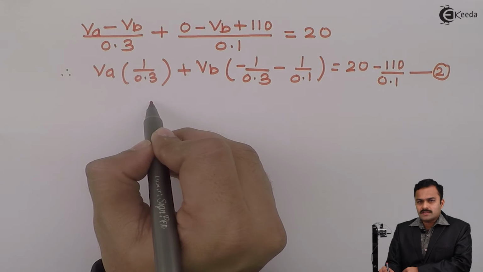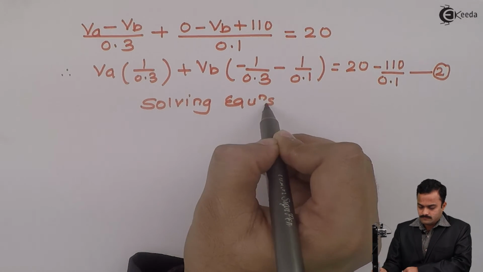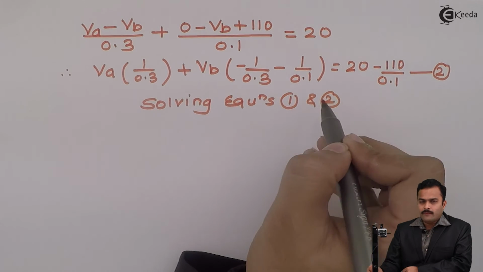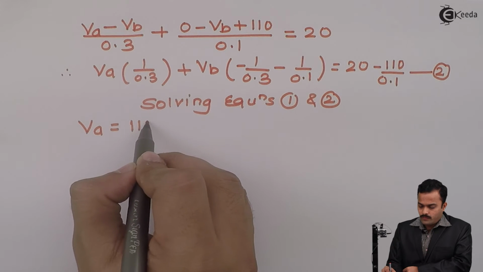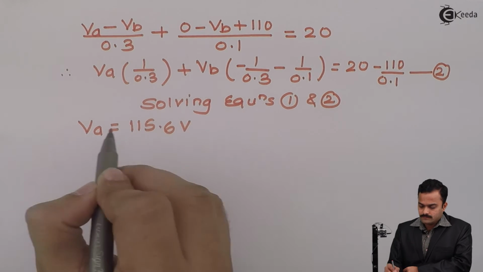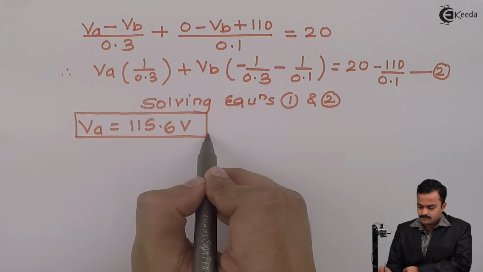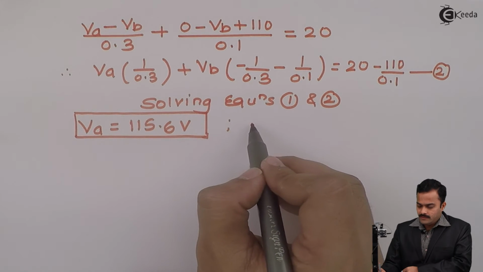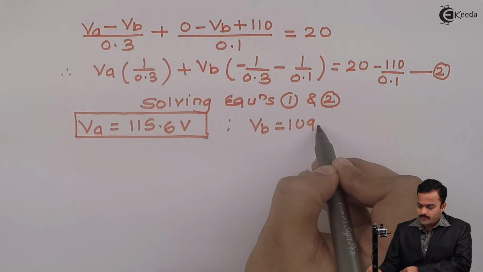Now solving equations 1 and 2, I will get VA equal to 115.6 volt. So it's the first outcome, and VB I will get 109.9 volt.